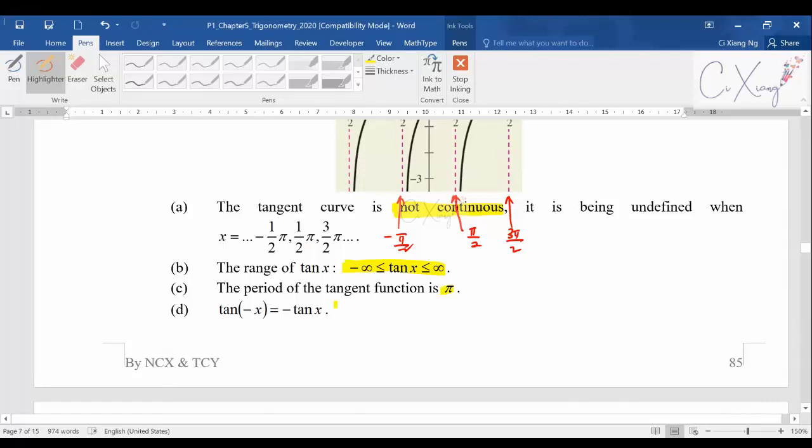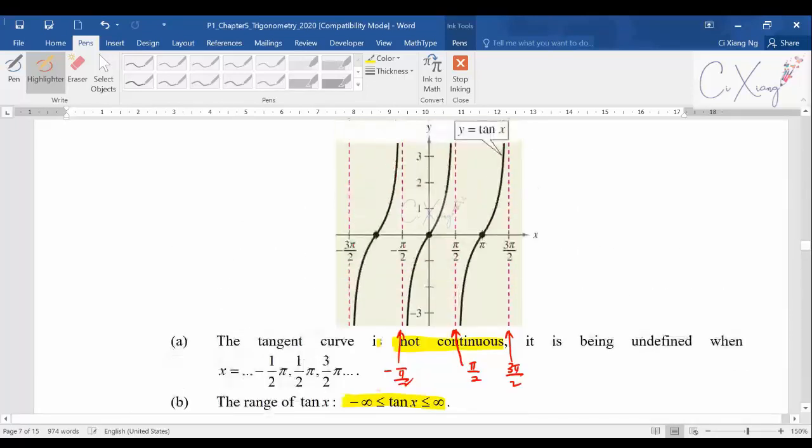In the previous graphs, we mostly discussed sine and cos, because for the tangent graph, they seldom test you on it. When you look at the graph, if you shift it up or down, the shape still looks more or less the same, so there is nothing much they can test about tangent, especially when you have negative infinity to positive infinity.